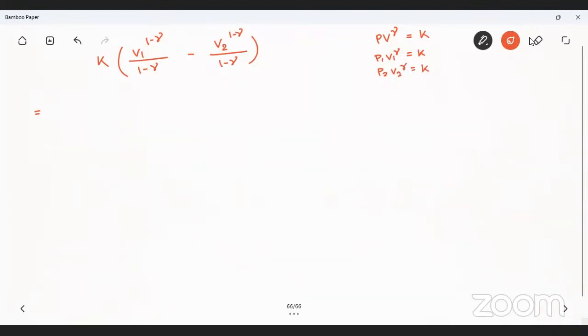So it is K into this minus K into this. So what can we write K as? K is P1 V1 to the power gamma into V to the power 1 minus gamma divided by 1 minus gamma, and P2 V2 to the power gamma into V to the power 1 minus gamma divided by 1 minus gamma, right? Can we write like this?